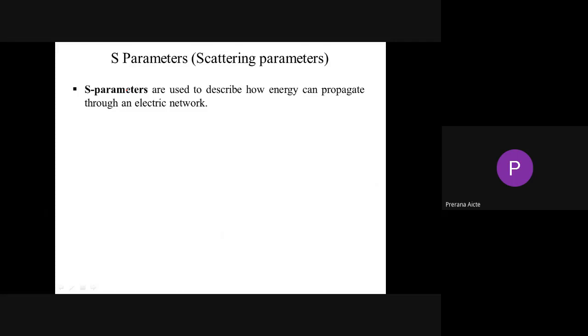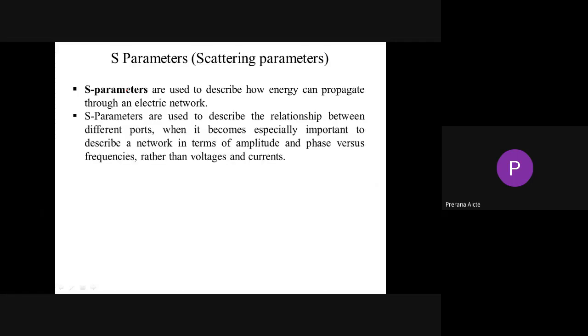Next, the S parameters are used to describe the relationship between different ports, which becomes especially important when describing a network in terms of amplitude and phase versus frequency rather than voltage and current.